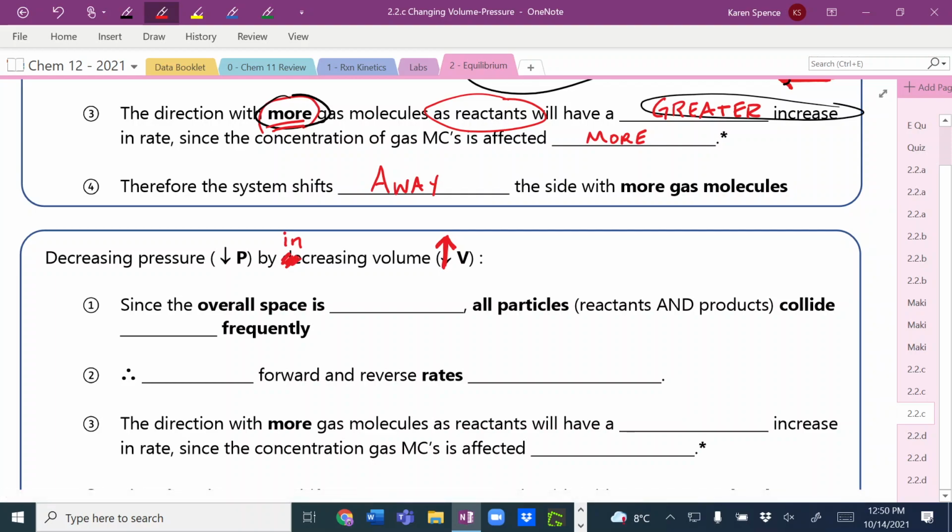If we have increased volume, the overall space is greater or bigger. And therefore, all the particles, the reactants and the products, collide less frequently. And therefore, both the forward and reverse rates decrease.